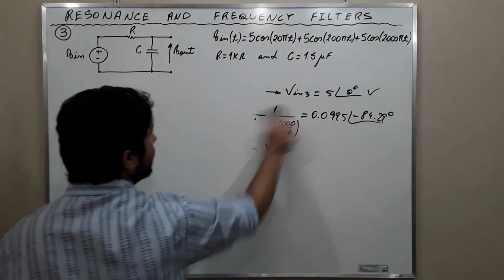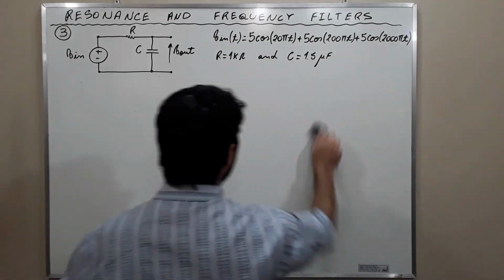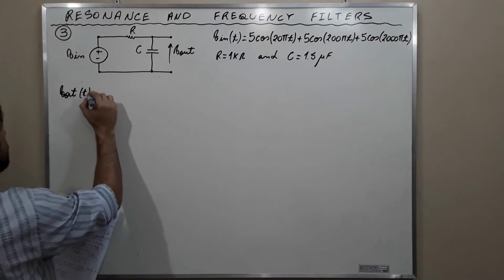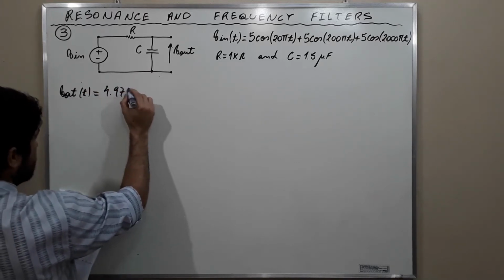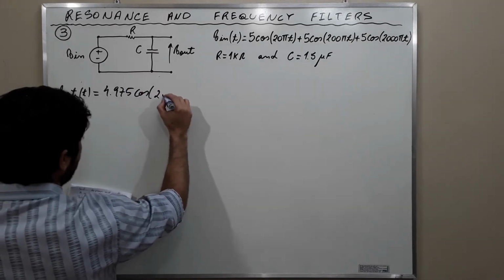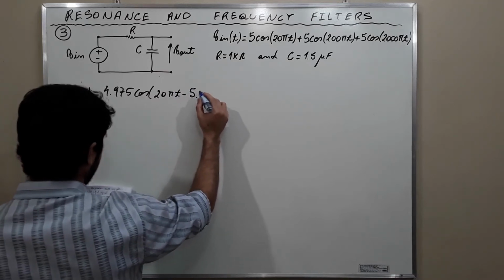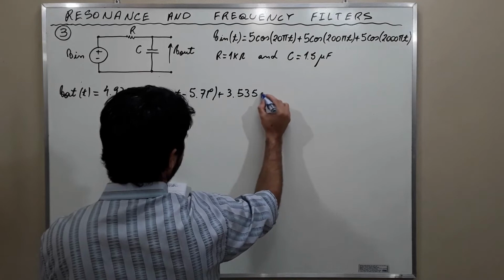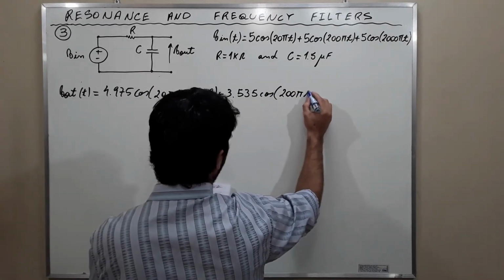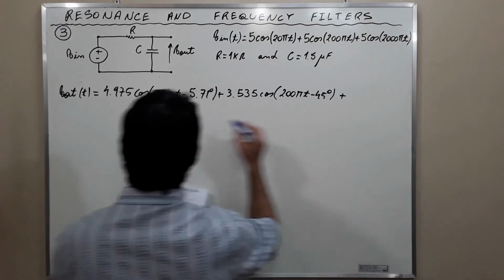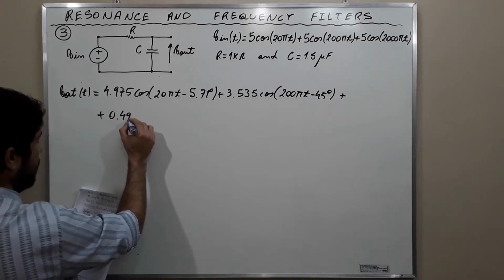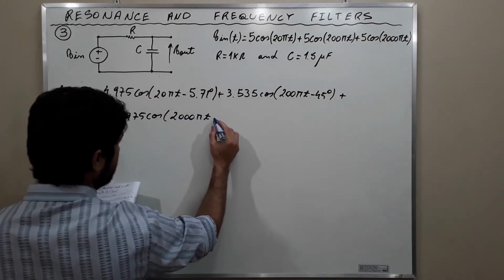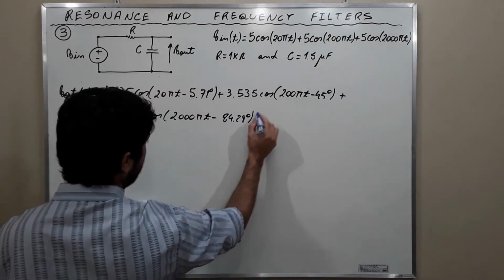We are going to convert them to the time domain, and they become V out of t is equal to 4.975 times the cosine of 20 pi t minus 5.71 degrees plus 3.535 times the cosine of 200 pi t minus 45 degrees plus 0.4975 times the cosine of 2000 pi t minus 84.29 degrees, it all in volts.